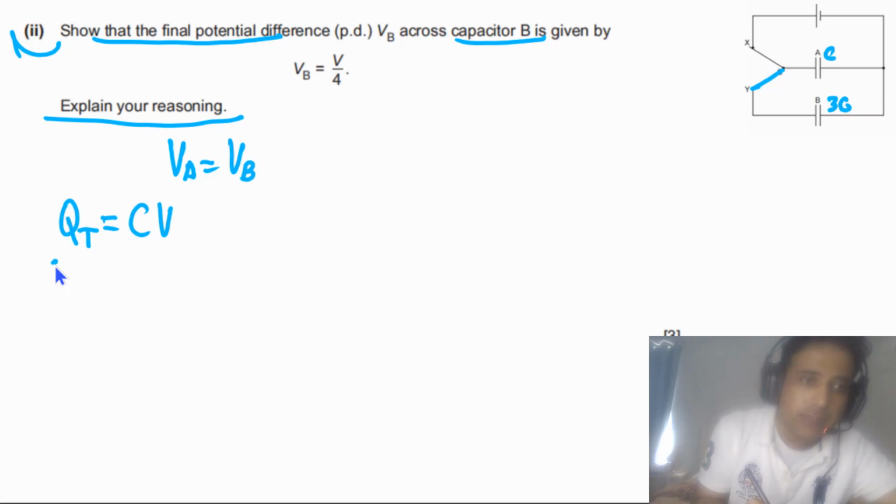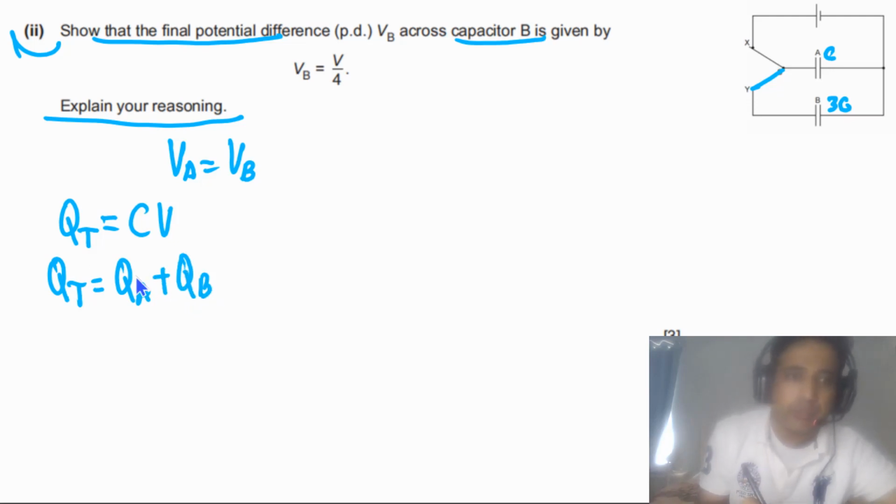So we can say in this case Q total will be equal to Q on A plus Q on B. Q on A will be equal to capacitance of this and the final PD across that. Let's say final PD across A is equal to VB, because we have to write the final answer in this form. And Q total is equal to CV.